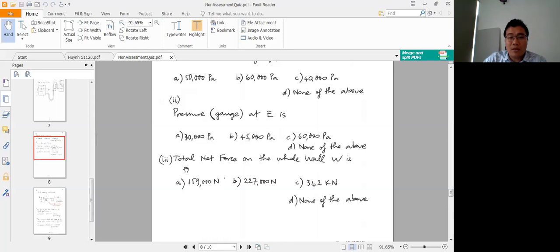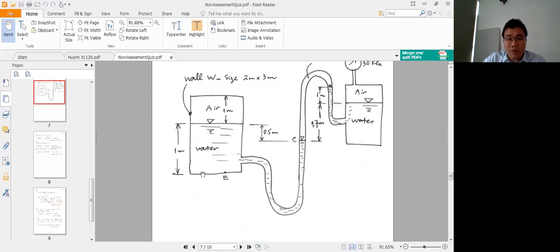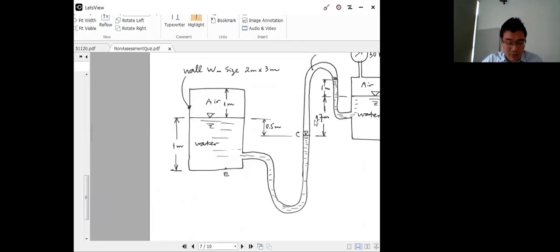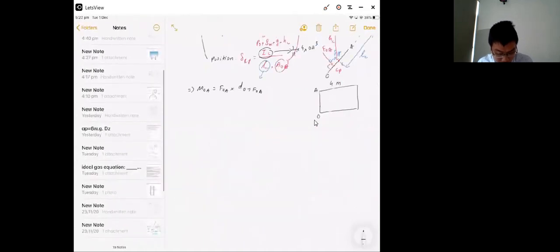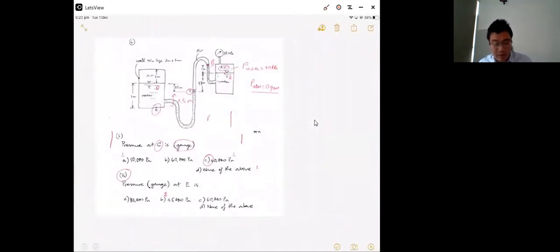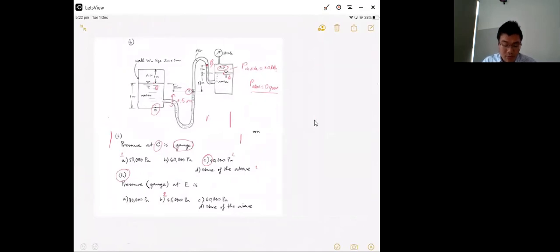In this one, you find the total net force on the whole wall W. Okay, you have to find the force applied to this wall. Okay, this question in the document I sent you last week is this one. Here, this one is what we did last week, 1 and 2.